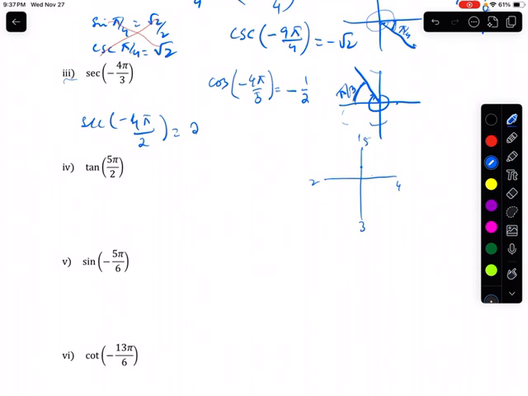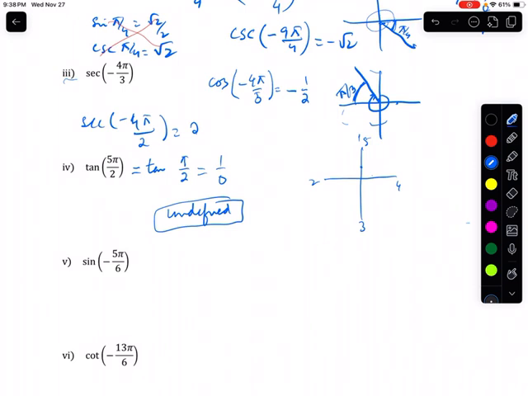So tangent of 5 pi over 2 is basically the same as tangent of pi over 2. So what is that? Remember, sine over cosine, which will be 1 over 0. So undefined. Whenever 0 is in the denominator, the value is undefined.